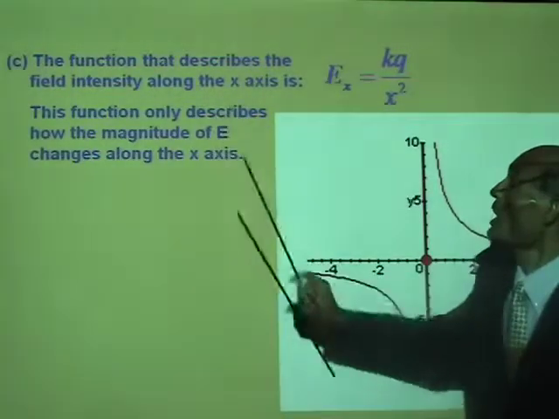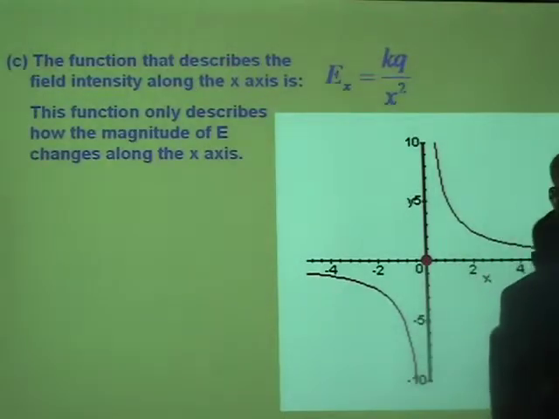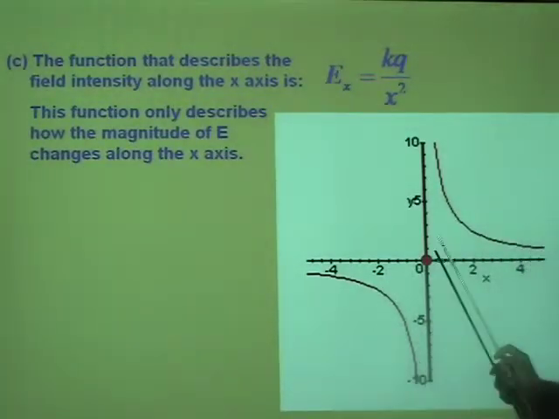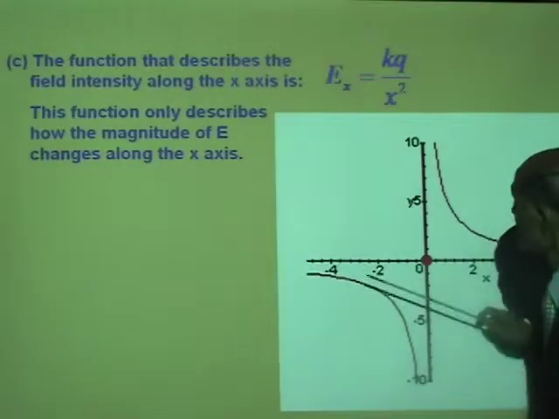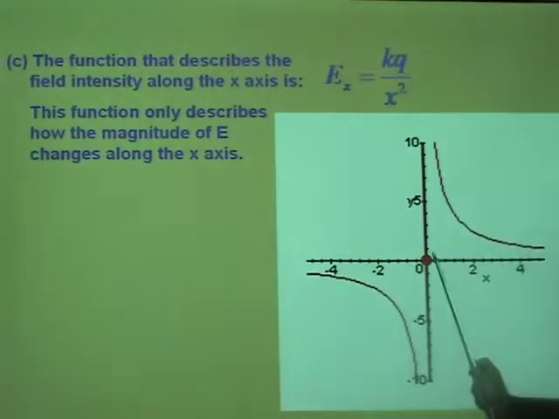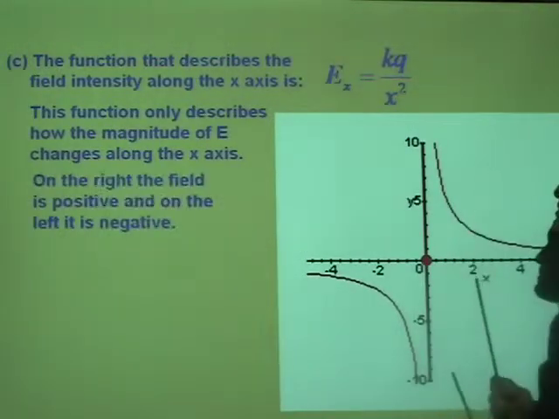The function only describes how the magnitude of E changes along the x-axis. Is that right? Well, actually, it gives you how the magnitude and direction change, because on the negative side, this tells you the magnitude and direction. On the positive side, this gives you the magnitude and direction.